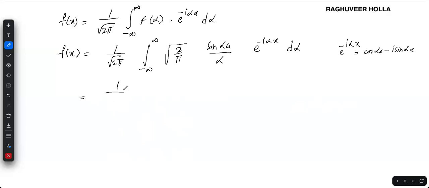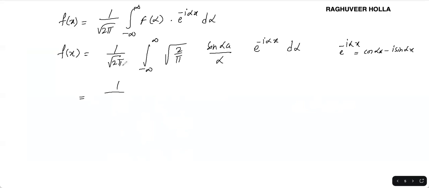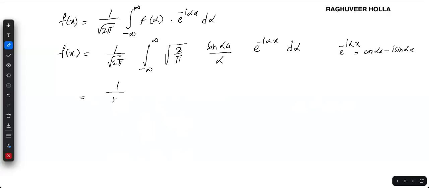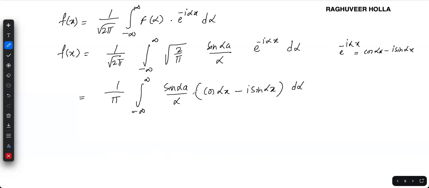The root 2 gets cancelled, root pi and root pi is pi, so 1 by pi, integral from minus infinity to infinity of sin alpha a by alpha into cos alpha x minus I sin alpha x d alpha.